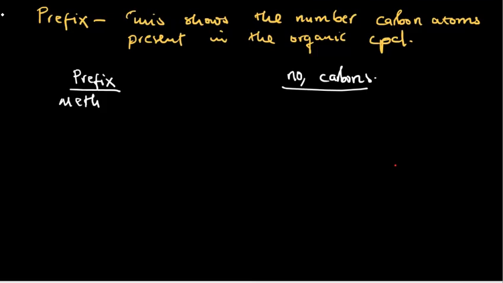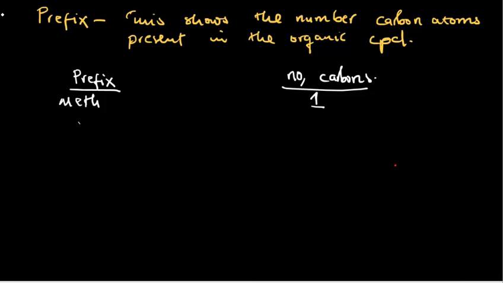When the name starts with meth, like methane, methanol, as long as it starts with meth, it means it has one carbon atom. You understand? So if the name starts with meth, just know that it has one carbon atom.